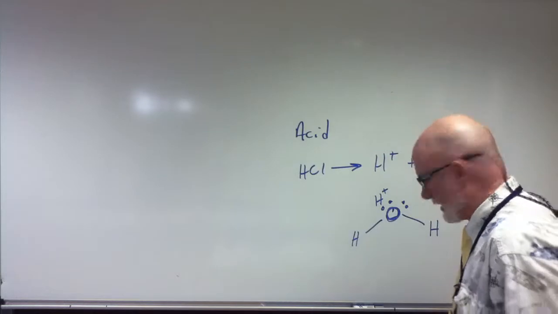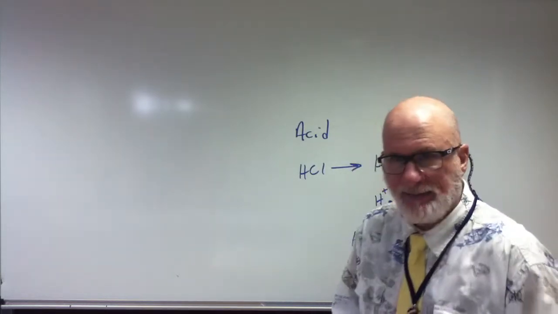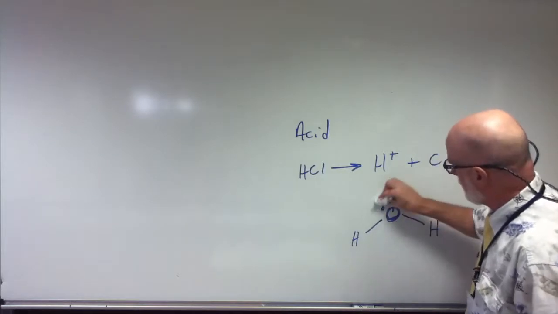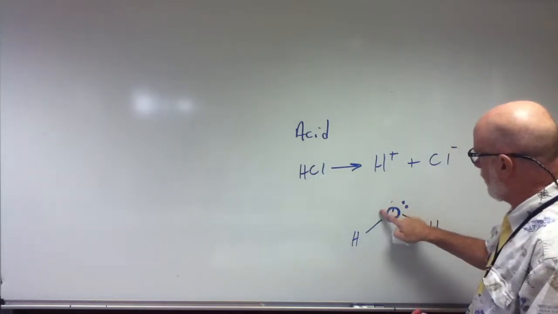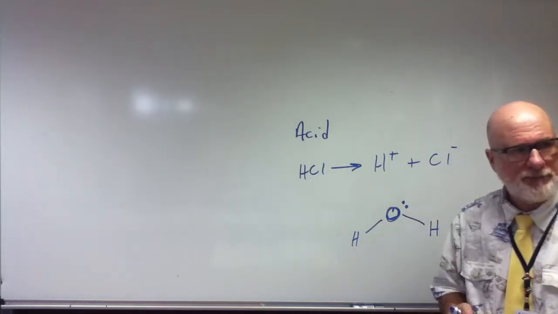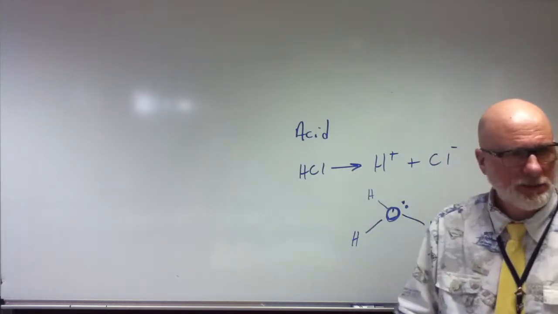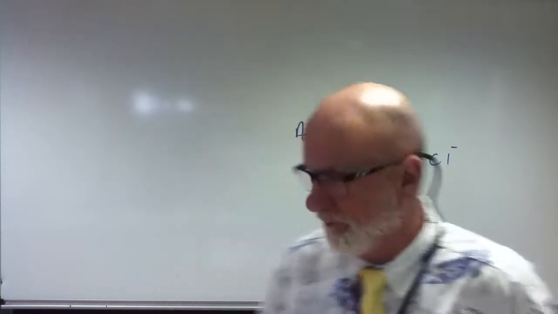So now it loses its charge, doesn't it? Because it doesn't have any electrons, so it's going to take both of those electrons, and you're going to form a bond, aren't you? So that's going to be an ion. You're going to ionize water, and what's that ion called?